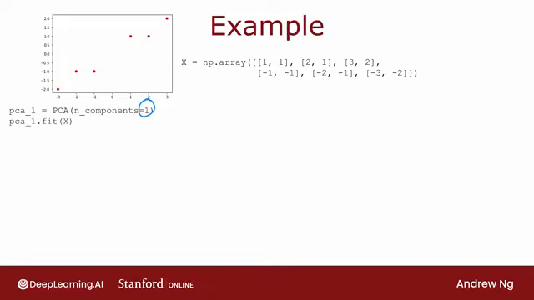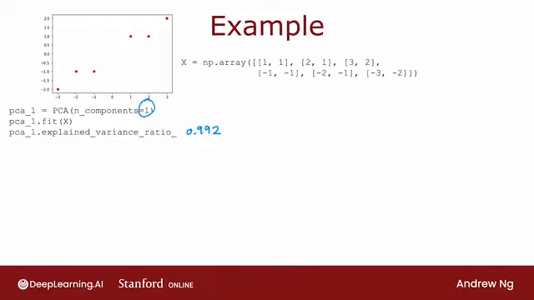And fit PCA to X. PCA_1 here is my notation for PCA with a single principal component, with a single axis. And it turns out if you were to print out PCA_1.explained_variance_ratio_, this is 0.992. And this tells you that in this example, when you choose 1 axis, this captures 99.2% of the variability or of the information in the original dataset.